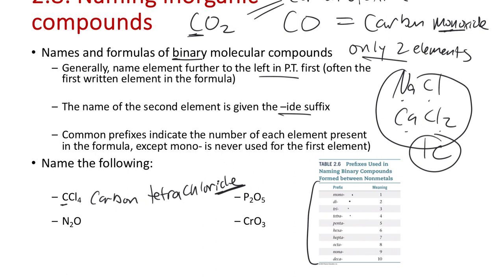So just the ide ending on the second element, the name of the first element written goes first, and the second element goes second, and we're again using the prefixes to indicate quantity. If we have 2 of the first element, we, of course, use di, as in dinitrogen first. We only neglect the mono if there's 1 of the first element.